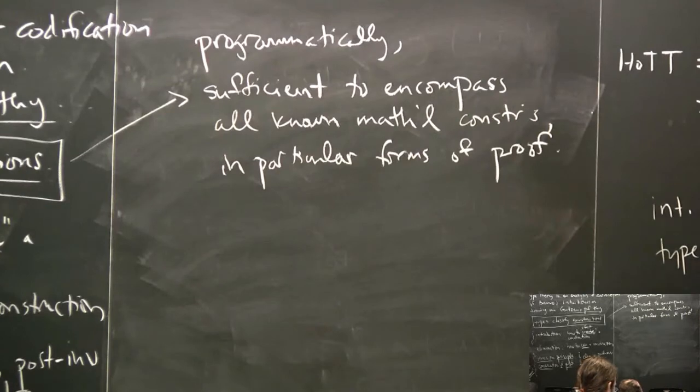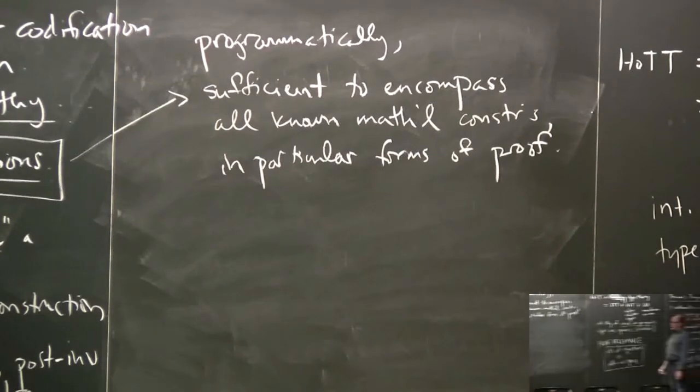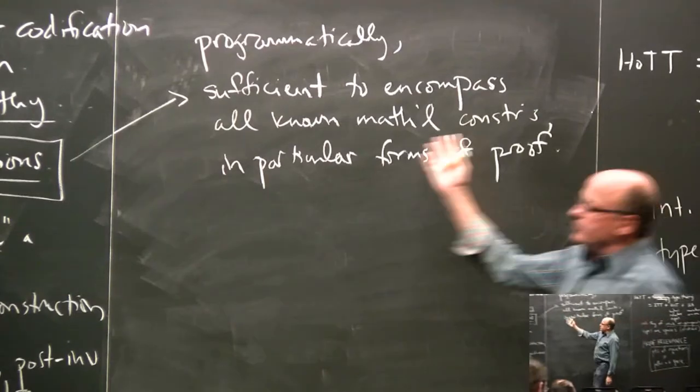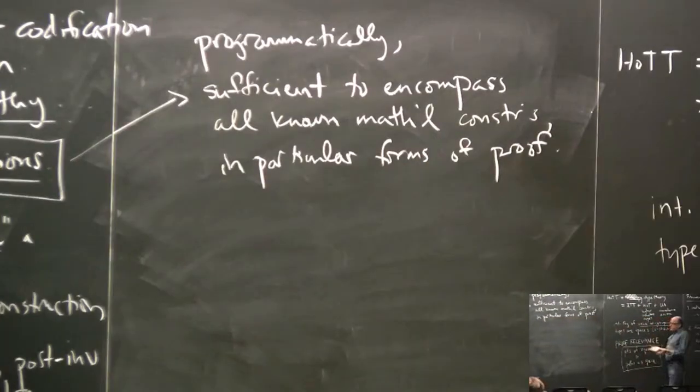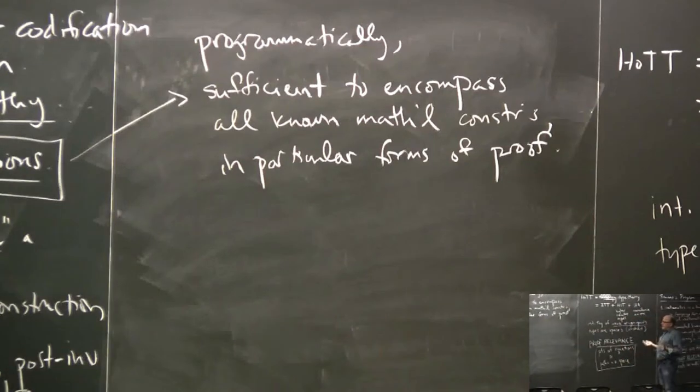So the patterns of proof that we use to communicate with one another are going to emerge as certain forms of construction, and the constructions that we codify and organize into the theory of types will be, the goal is, sufficient to do any form of mathematics.